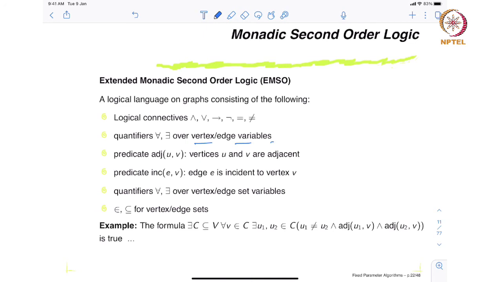There is a predicate to check whether two vertices u and v are adjacent. There is a predicate to check whether some vertex is incident to some edge or not, and there are also quantifiers for all and there exists over vertex or edge set variables. We can also check whether something is an element or subset of some vertex or edge subset.